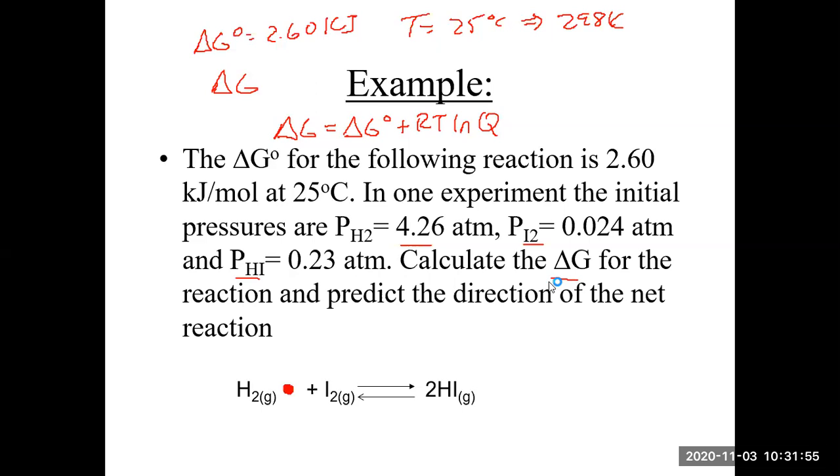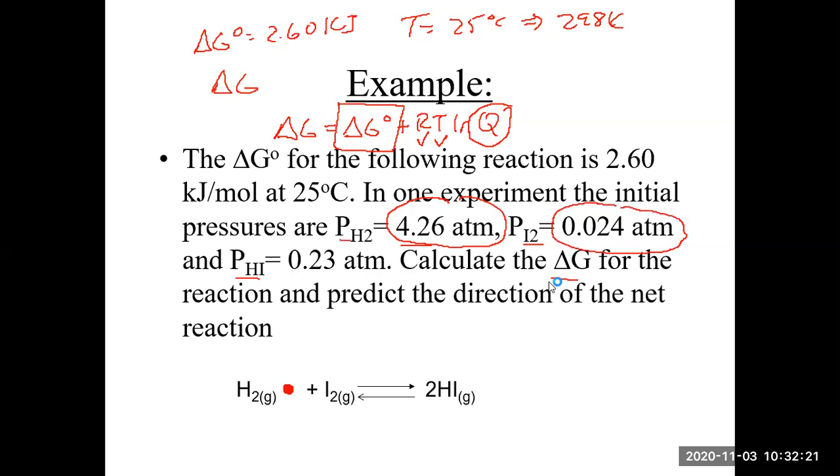In this particular case, they did give us our delta G naught. If they didn't, we would go to the table and do products minus reactants and look up the values. R is obviously a constant, so we have that. T we also have, and we do need to use Q here, because if we look, these pressures are not 1 atmosphere.